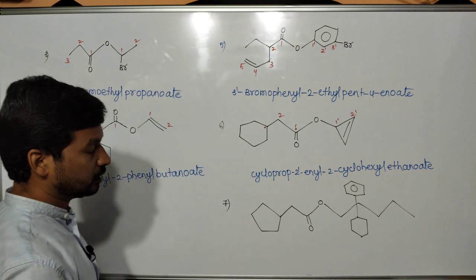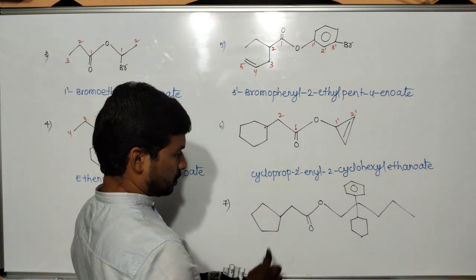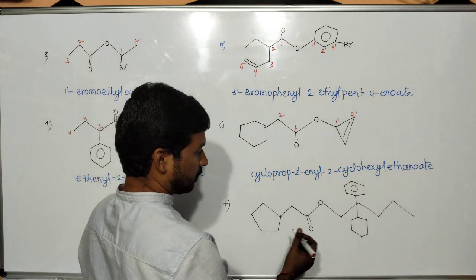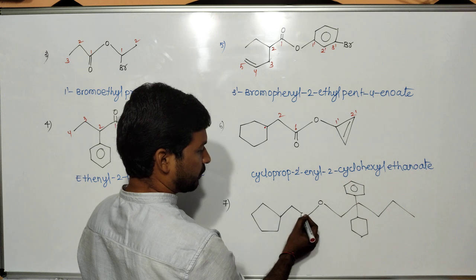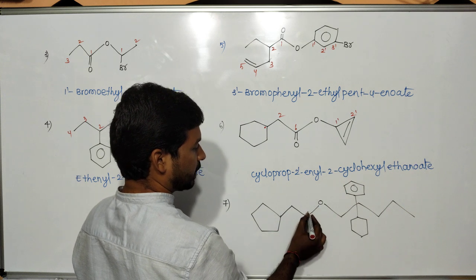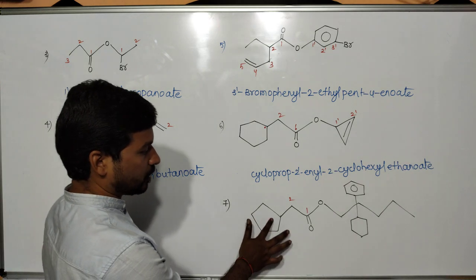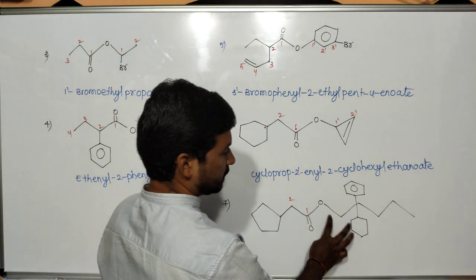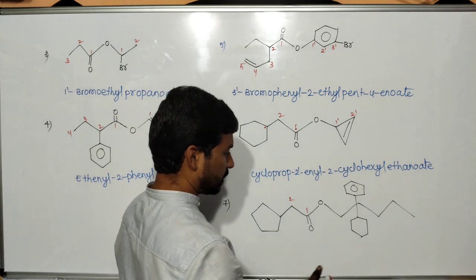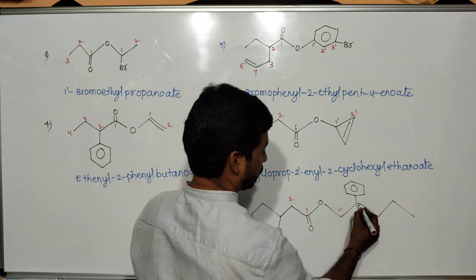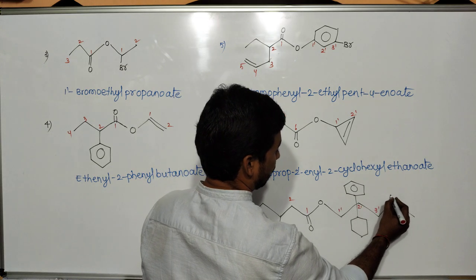right, see here. The parent chain is only the one containing the COO functional group, so only a 2 carbon atom parent chain. This is cyclopropyl, and this is also a substituent.